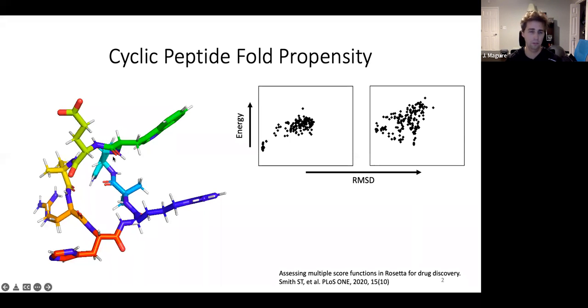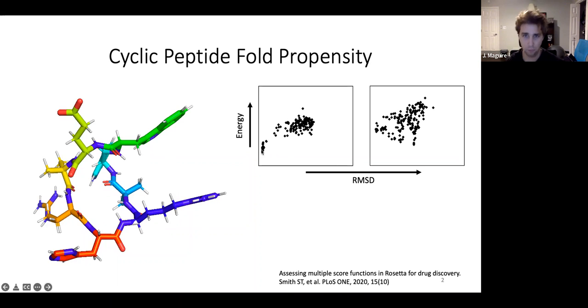So this is a cyclic peptide on the left. What you'd really like is, given a bound state of your cyclic peptide to a target, you'd like that cyclic peptide to adopt a similar conformation in the unbound state so that it doesn't have to change conformation a lot in order to bind, so the energy barrier of binding is lower.